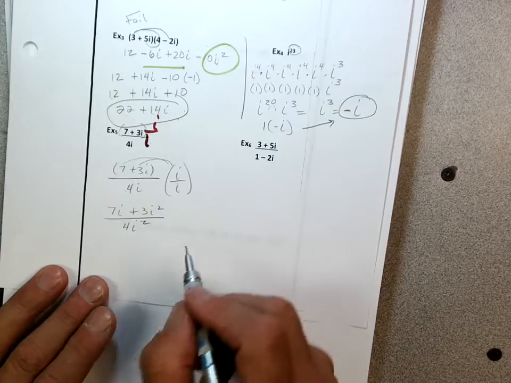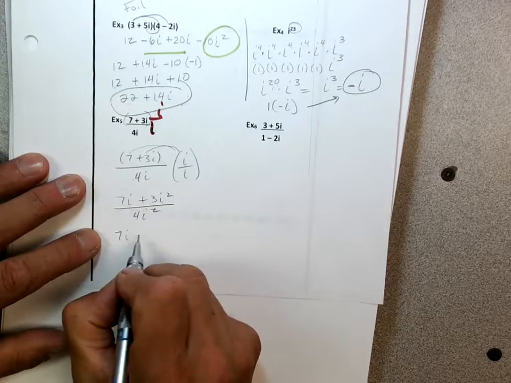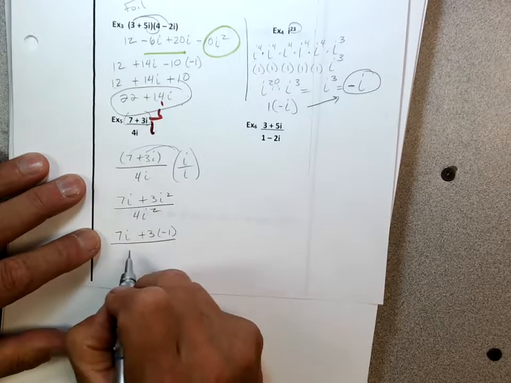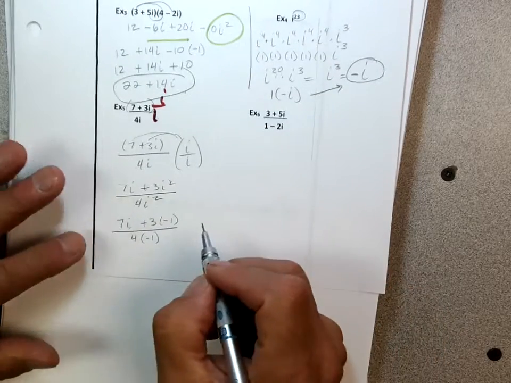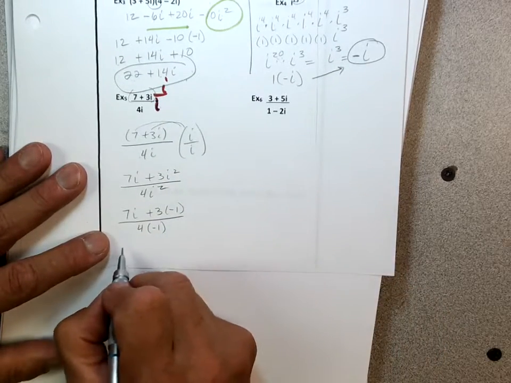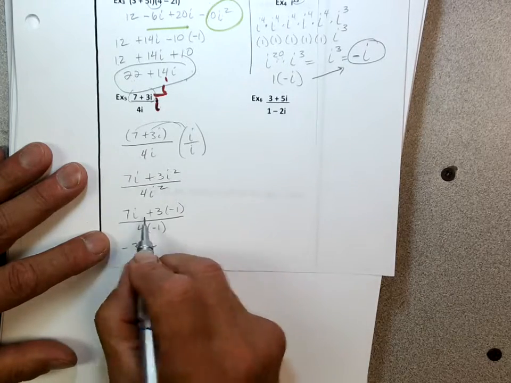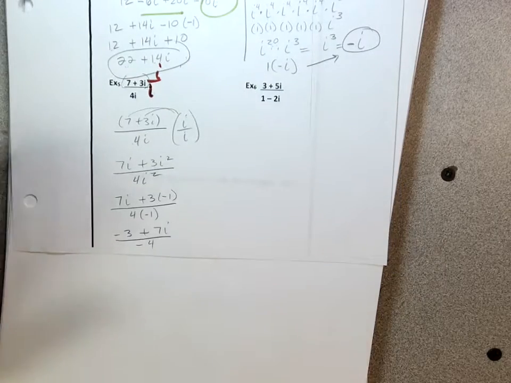Let's change the i squareds into negative 1: 7i plus 3 times negative 1 over 4 times negative 1. I squared is equal to negative 1. I'm going to get a negative 3 plus 7i over negative 4. Now I'm almost done.